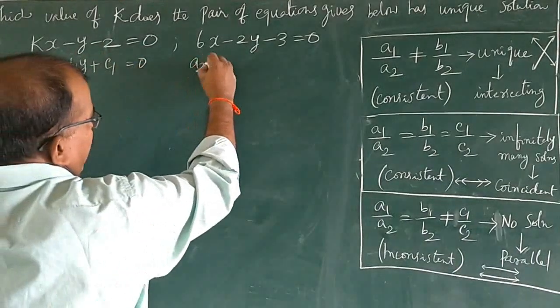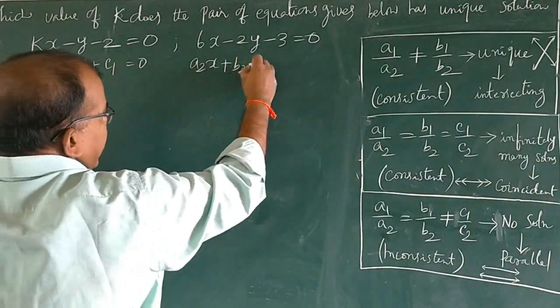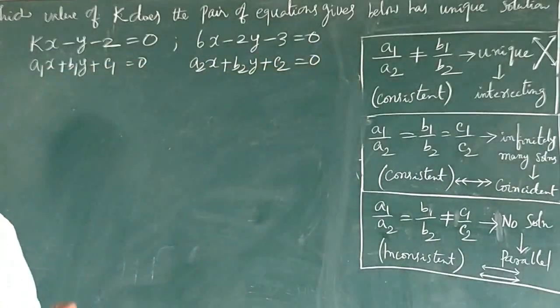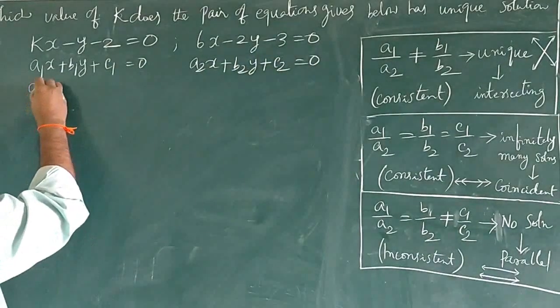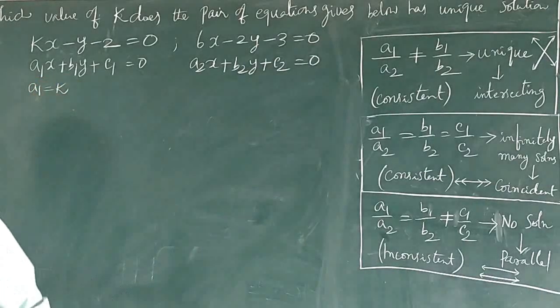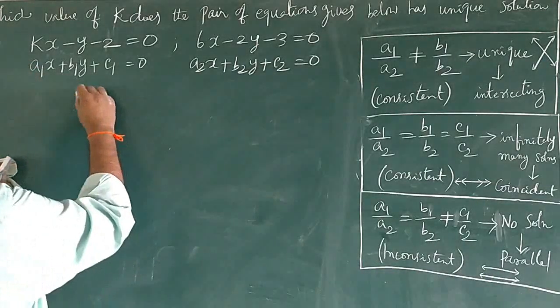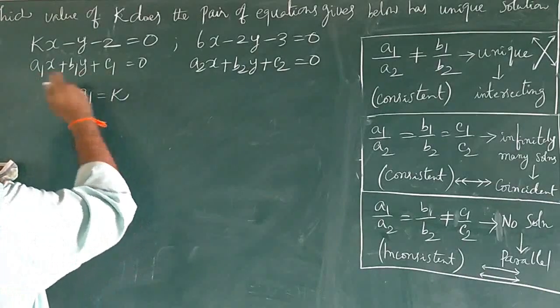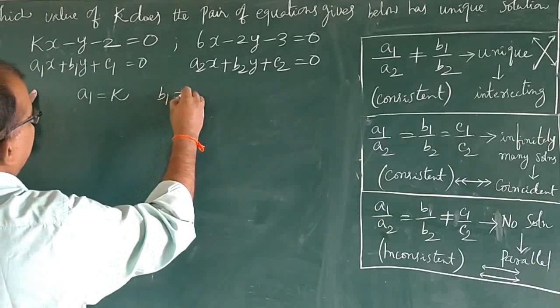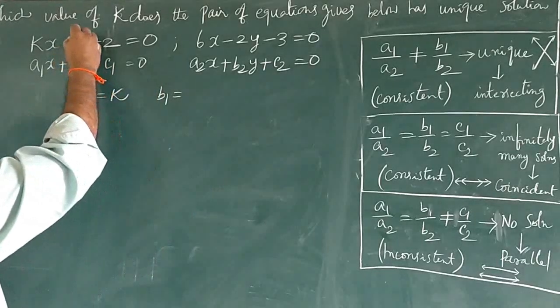So let us compare with a1x plus b1y plus c1 is equal to 0, a2x plus b2y plus c2 is equal to 0. Now a1 is equal to k. I'll write here, a1 is equal to k. b1 is equal to minus 1.